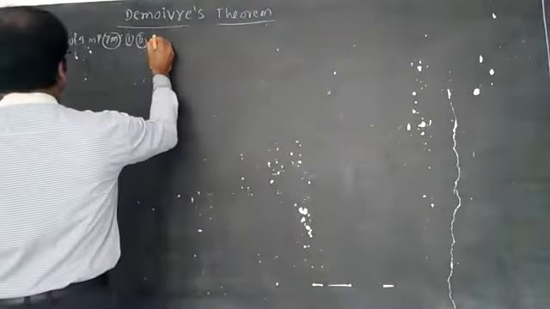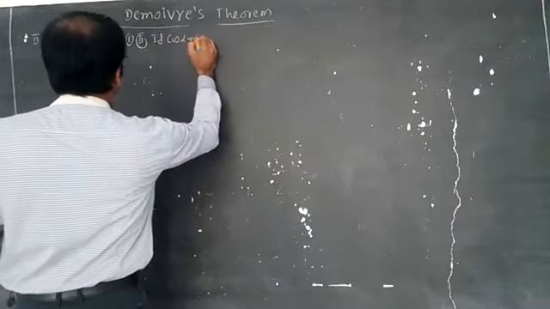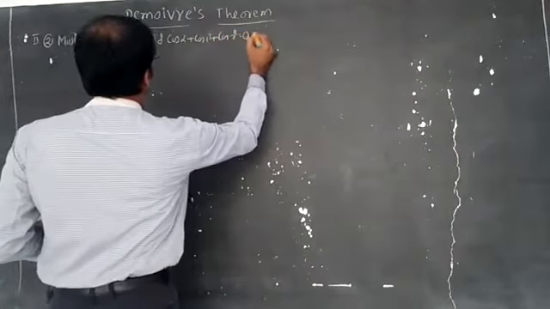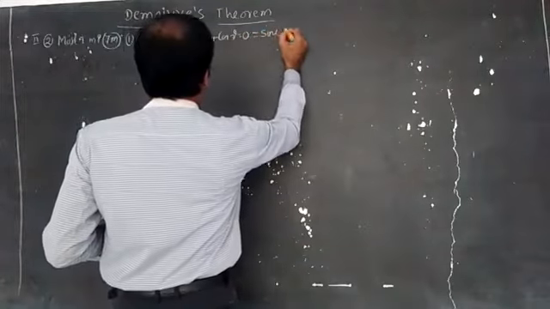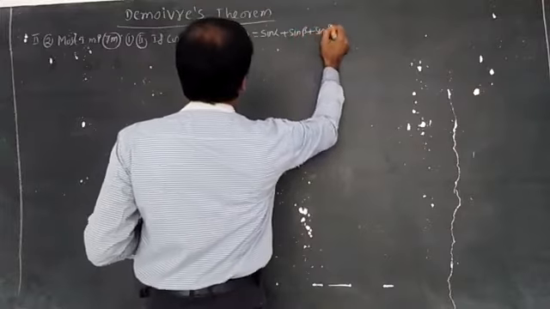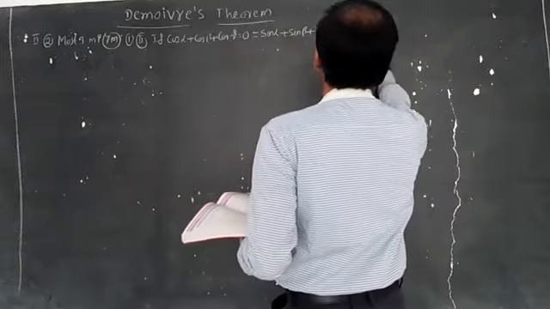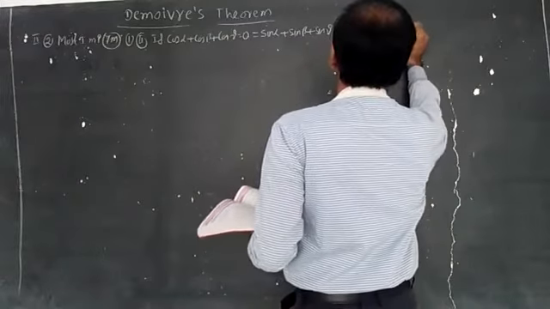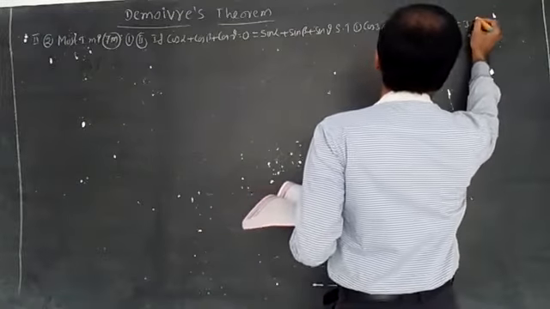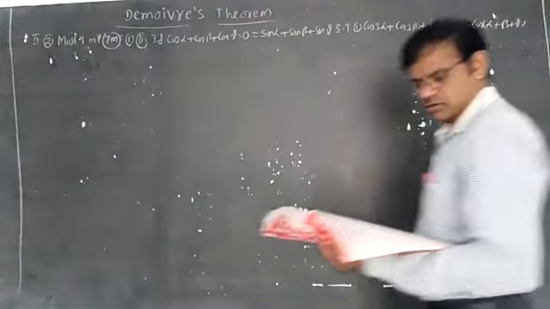The question is: if cos alpha plus cos beta plus cos gamma is equal to 0 is equal to sin alpha plus sin beta plus sin gamma, show that first one, cos 3 alpha plus cos 3 beta plus cos 3 gamma is equal to 3 cos of alpha plus beta plus gamma.